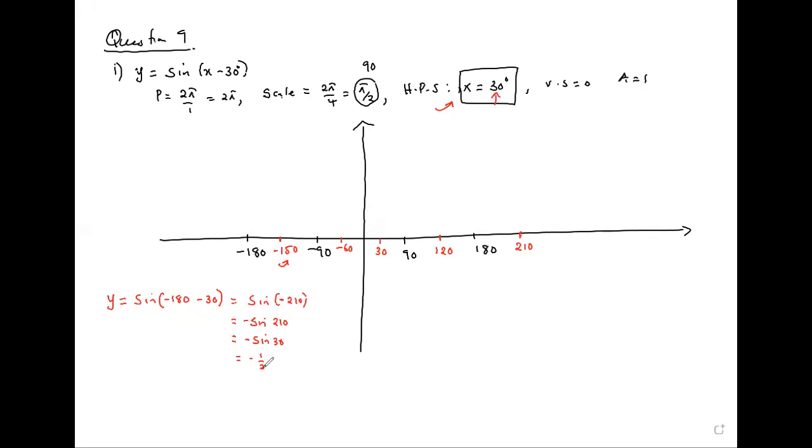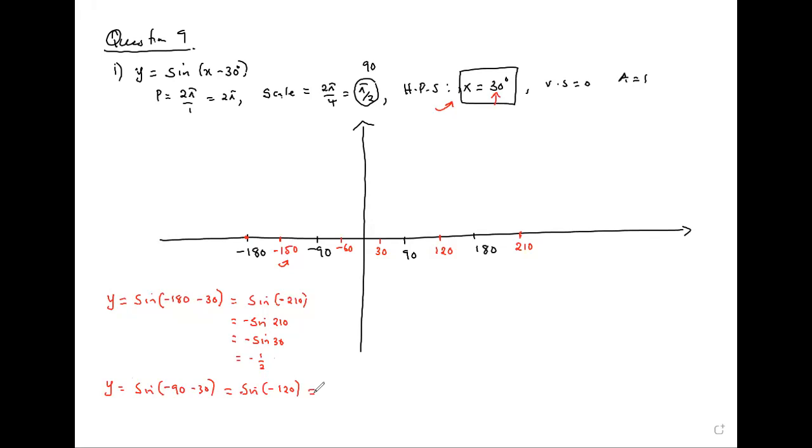Okay, so that's for when you have negative 180. Then for y is equal to sine of negative 90 minus 30, that is sine of negative 120.